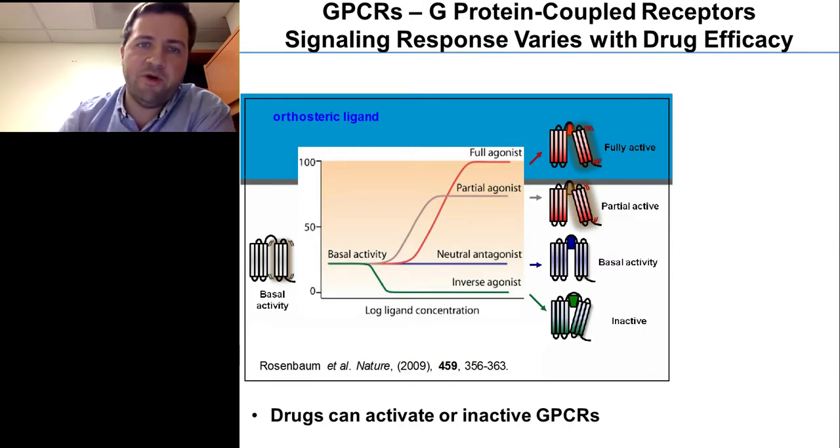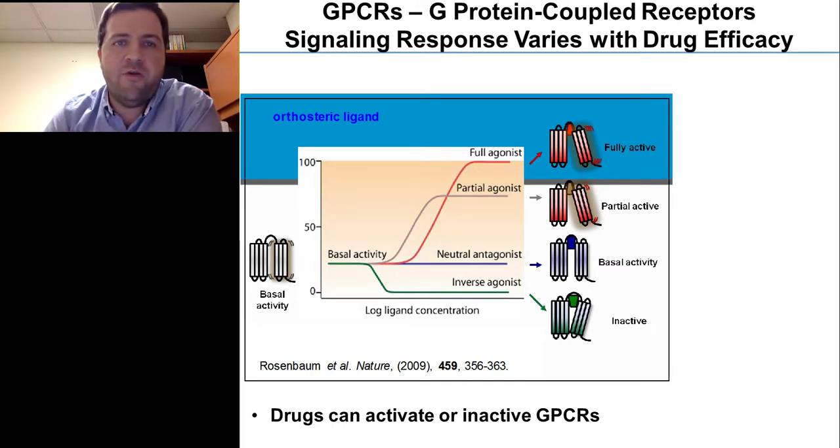And since we're talking about drugs, it's useful to talk about what they actually do in terms of affecting GPCR function and structure. We typically classify GPCR drugs or ligands according to their function or efficacy.